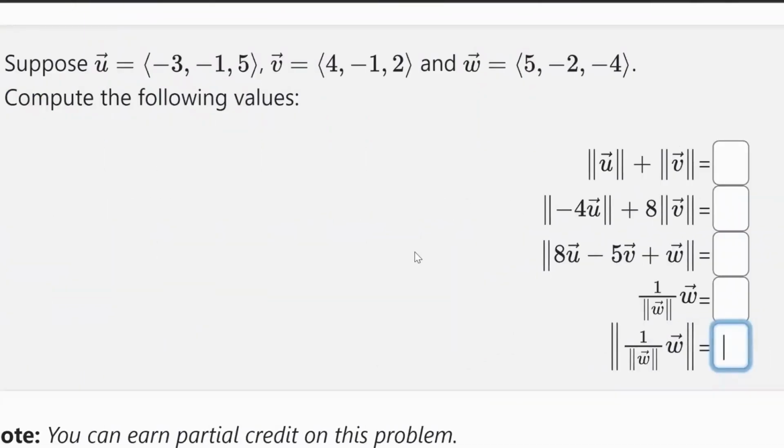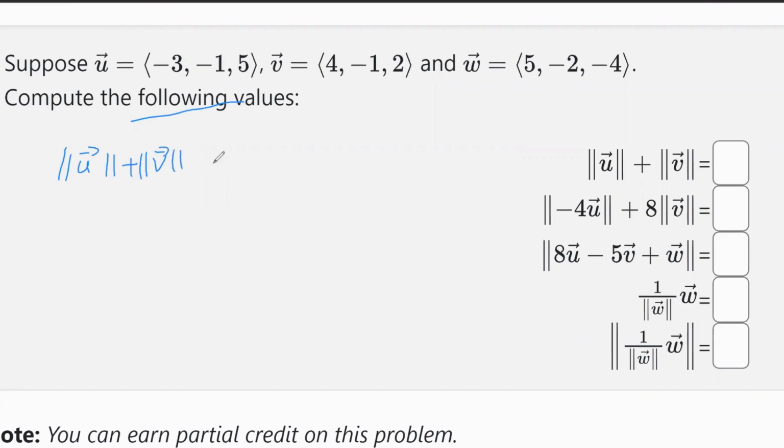Here is another question where they have given me three vectors, u, v, w, and they have said to compute the following values. So how do I do that? You see I have u norm plus my v norm.